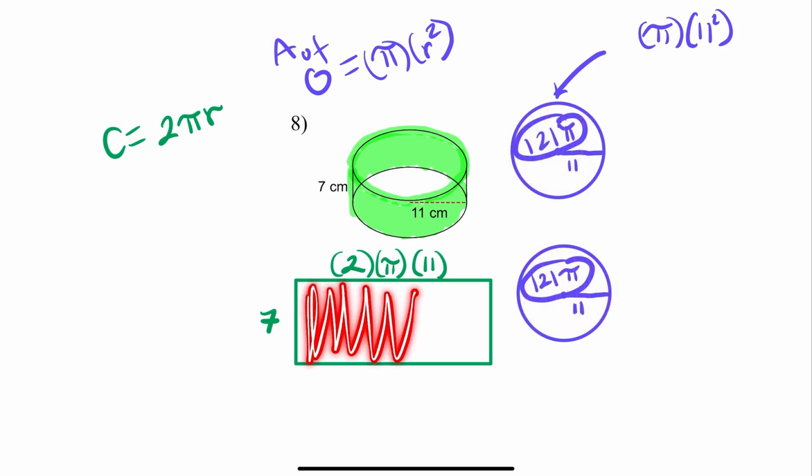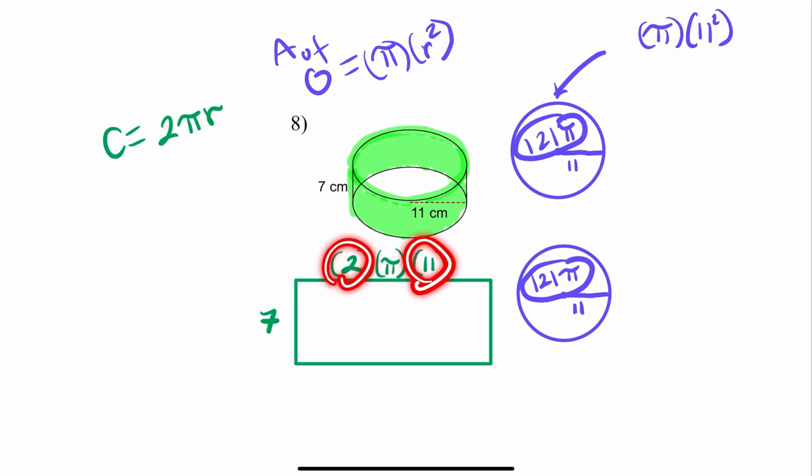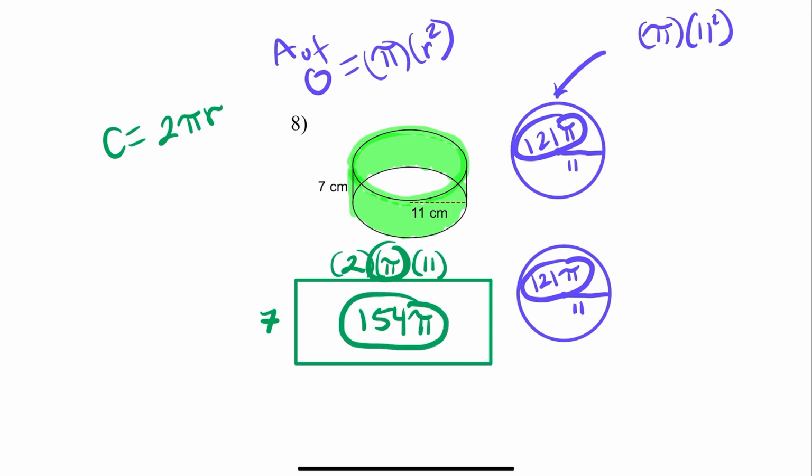Last thing is that rectangle that rolls up, 7 times 2 pi 11. So I'm going to take 11 times 2 first, which is 22. And I'm going to multiply 22 with 7. 22 times 7 is going to give me 154. And then I'm just taking the pi and putting it next to it, keeping them together, okay?